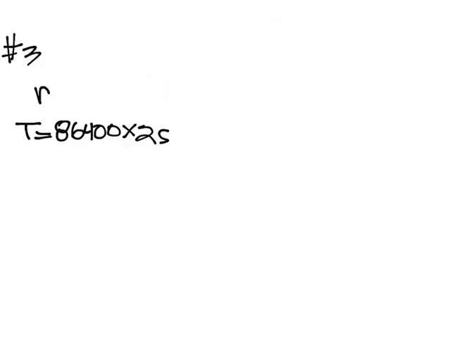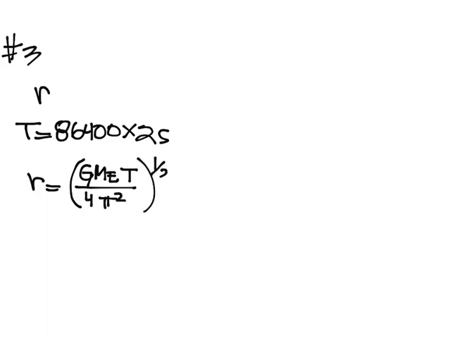So we have our radius is equal to the cube root of G me t squared over 4 pi squared, to the 1/3. At this point we're just plugging in numbers. So we have 6.67 times 10 to the minus 11.